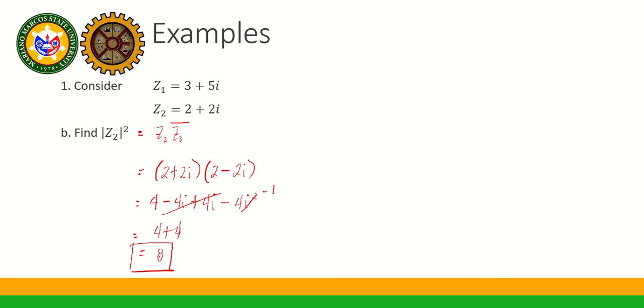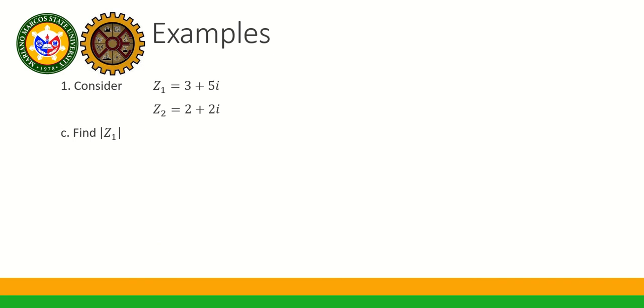Okay. So let's try letter C, still in example number 1. Find the modulus of z sub 1. So our modulus of z sub 1, from the definition earlier, the modulus of z is equal to the square root of x squared plus y squared. Okay? So here, our z sub 1 is 3 plus 5i. So this is our x and this is our y. So x is equal to 3 and then y is equal to 5.